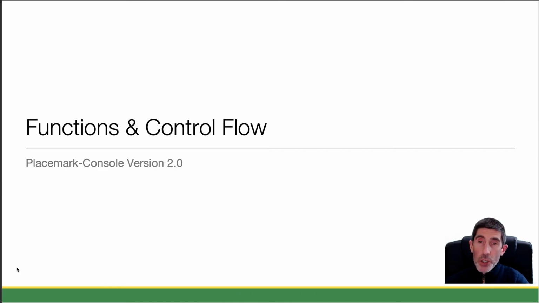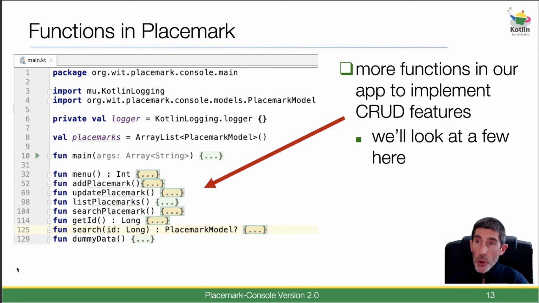In terms of functions and control flow, where that crops up, we've seen this already. We'll just look at it in more detail again in our version 2. Because we have more functions in our app to implement our CRUD features, we'll just look at a couple here to give you an idea of what we're doing, and you will then be taken through the rest of them in the actual lab itself for implementing.